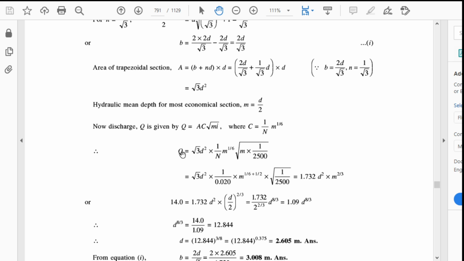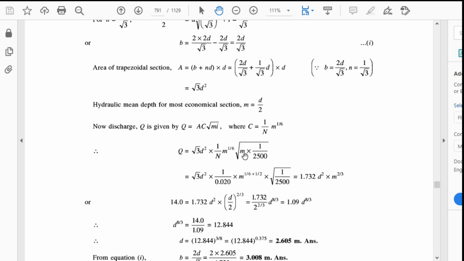Find out the value of discharge. Q equals A C root mi. A is root 3 d square. C is nothing but, by using Manning's constant, 1 by n m raised to 1 by 6. So substitute this value instead of C, 1 divided by n m raised to 1 by 6, and root of mi. So root of m into 1 by 2500.